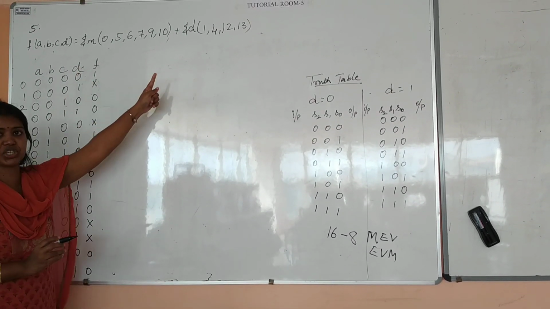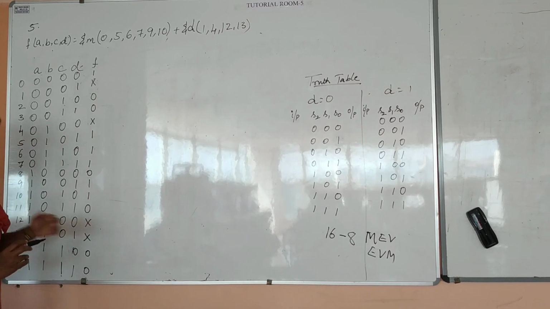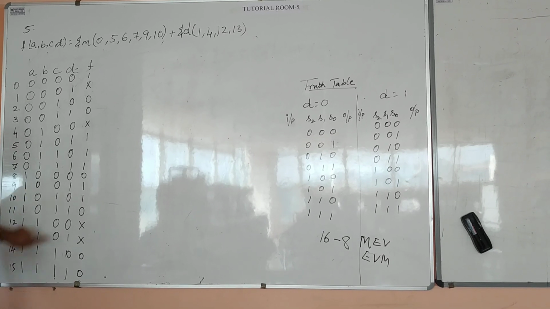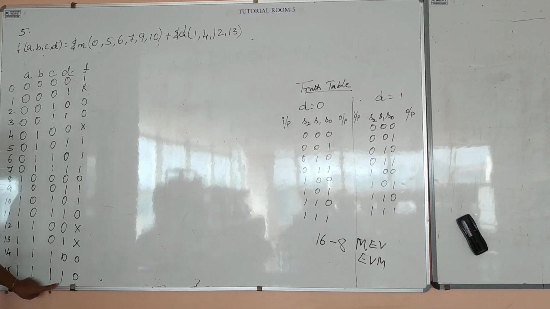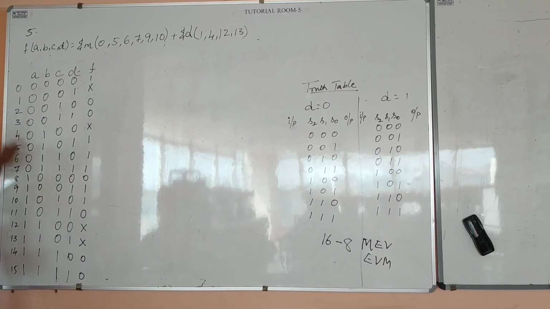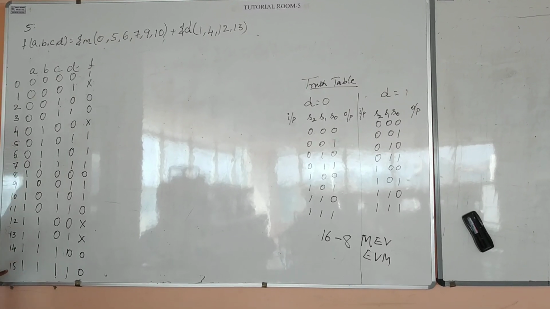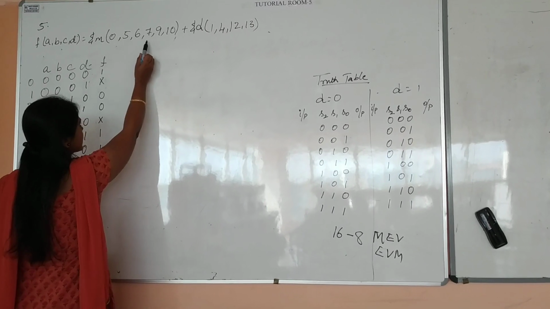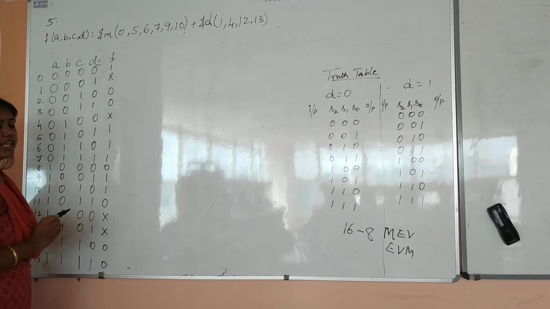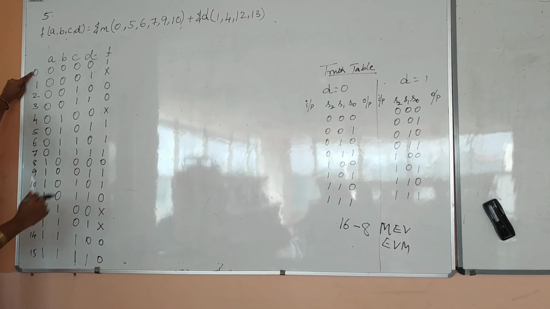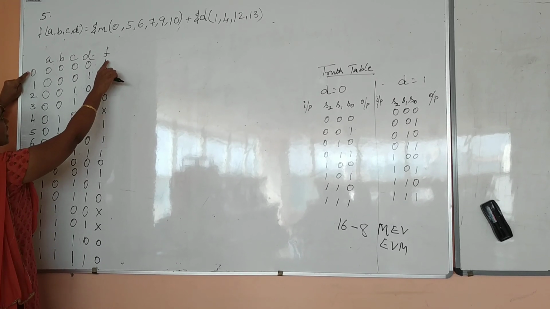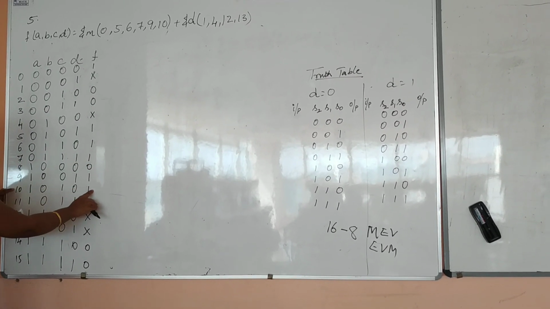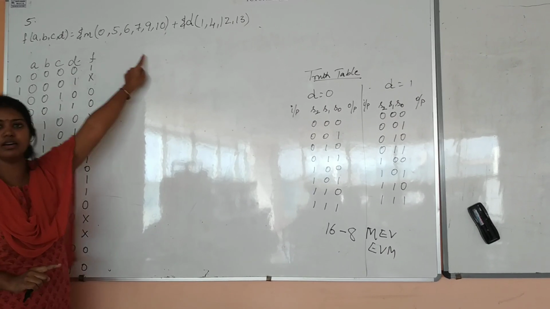First, you will represent the given expression in the form of a truth table. This is a 4 variable truth table starting from 4 zeros to 4 ones. Here I have written the decimal numbers just for reference. They have given 0, 5, 6, 7, 9, 10, and in those places I have placed 1, because they have given it in the question.